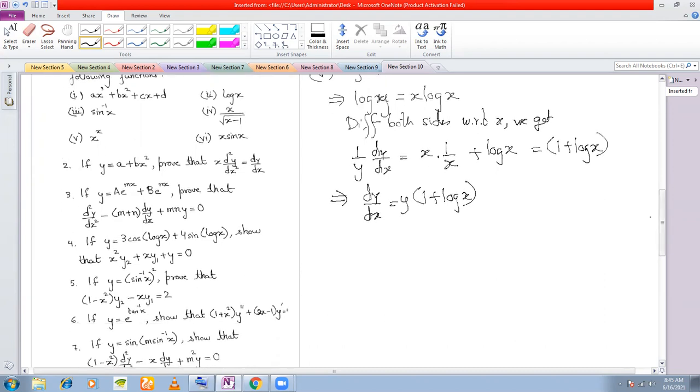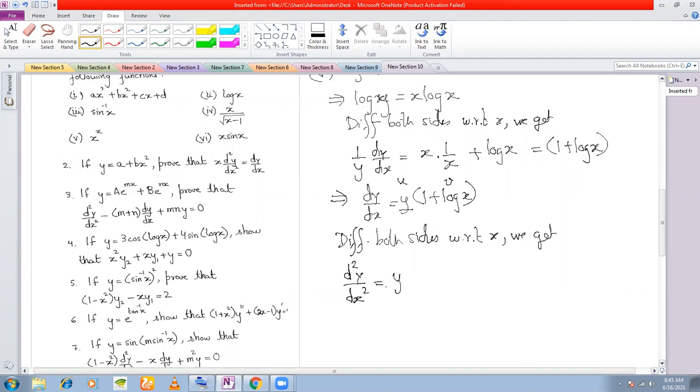Okay. Now, instead of putting the value of y, we differentiate this directly once again, differentiating both sides, because we don't need dy dx, we need d2y dx2. So if you differentiate dy dx, you get d2y dx2 is equal to, again you differentiate by u into v rule. You take this as u and you take this as v.